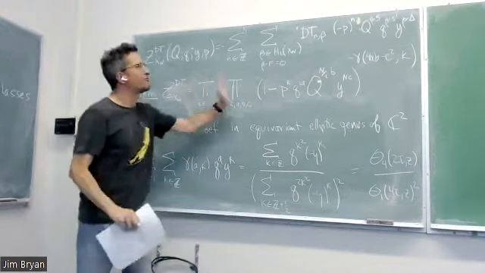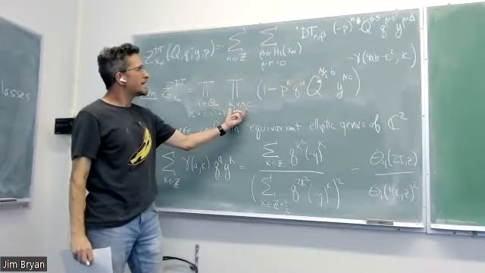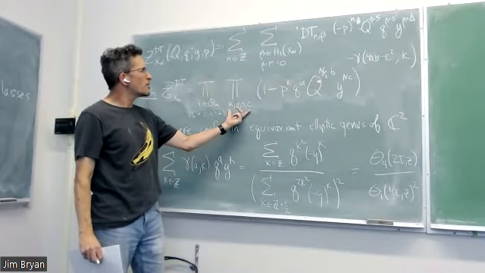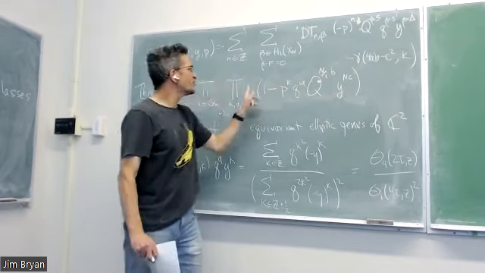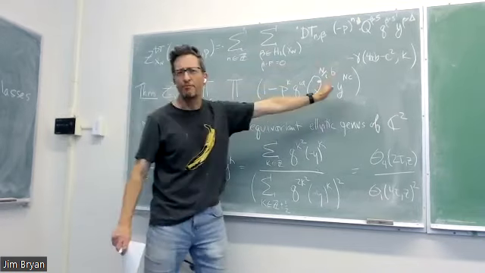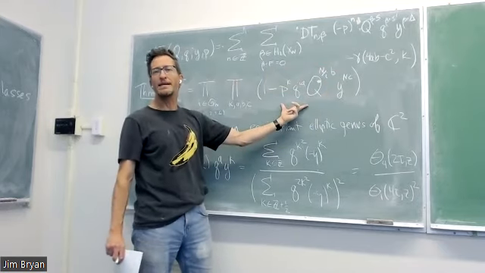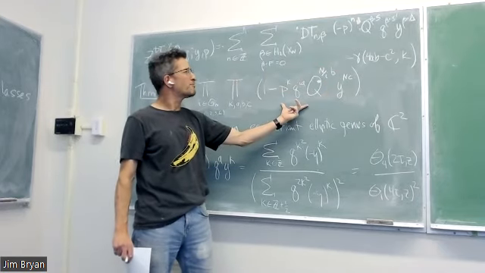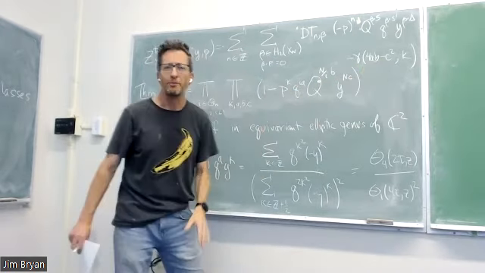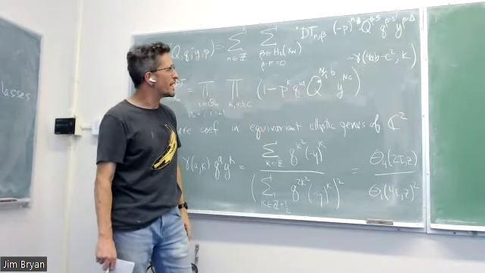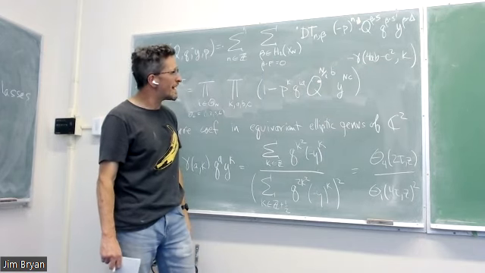So I'm going to have 4 products, and this is a product formula for the partition function. This kind of product formula is something we like in DT theory, because these exponents tell us a lot about the BPS states. This is a nice form to have it in.